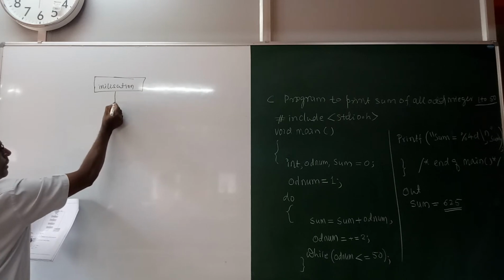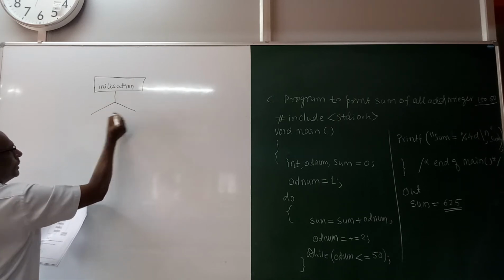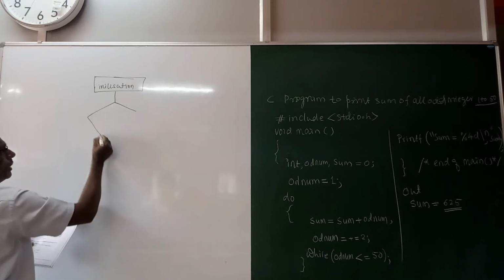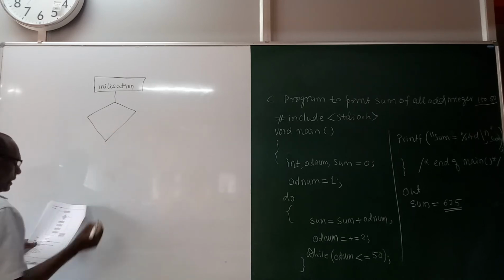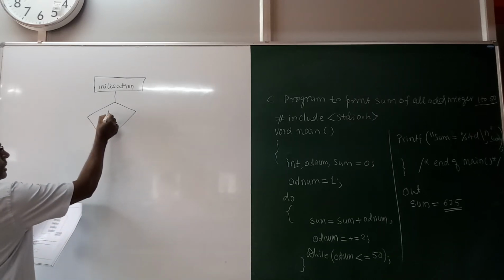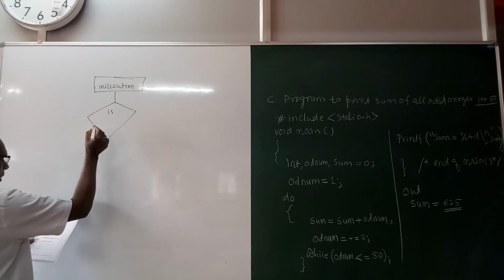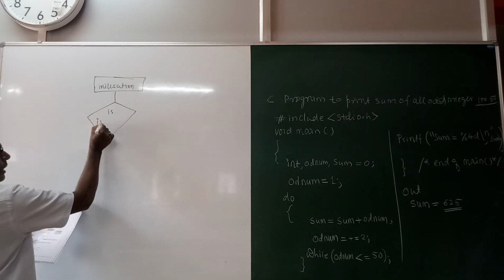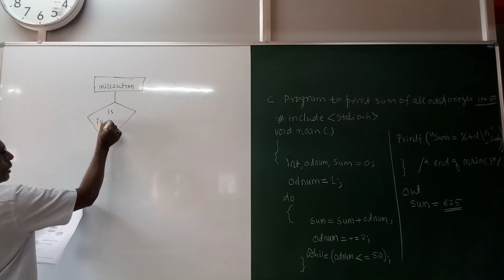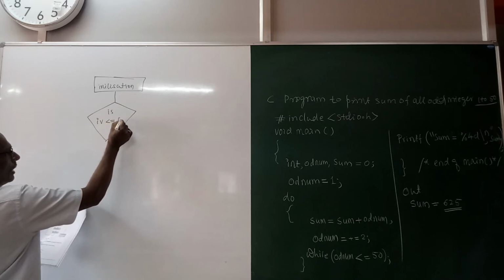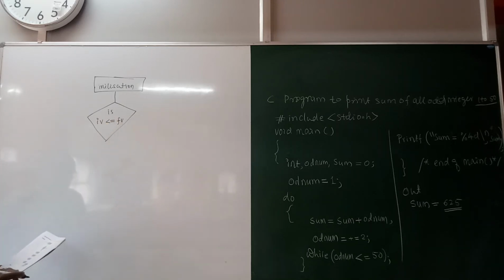Below this, we'll have a decision making block. This diamond block is a decision making block. Is the initial value IV less than or equal to the final value FV?